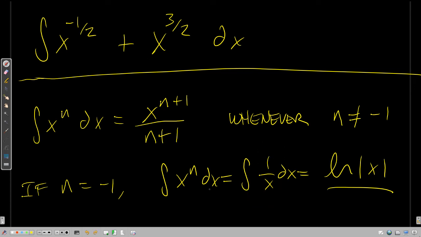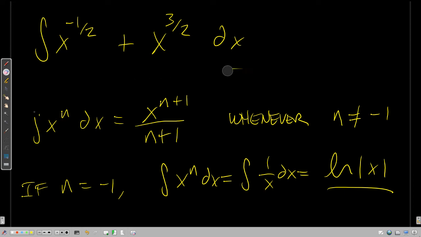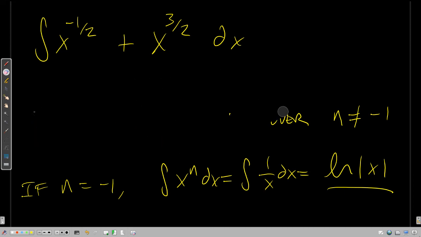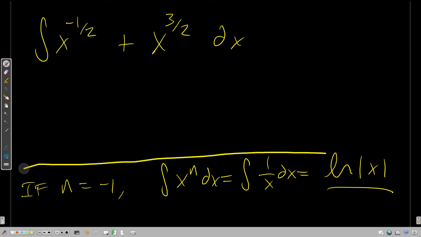This must be the case because we know that the derivative of natural log is just 1 over x. So then you can do the integrals of this stuff straight away, with no problem, because those exponents are different from minus 1. So you have a minus 1/2 plus 1, that's 1/2. Here, let me divide by 1/2.